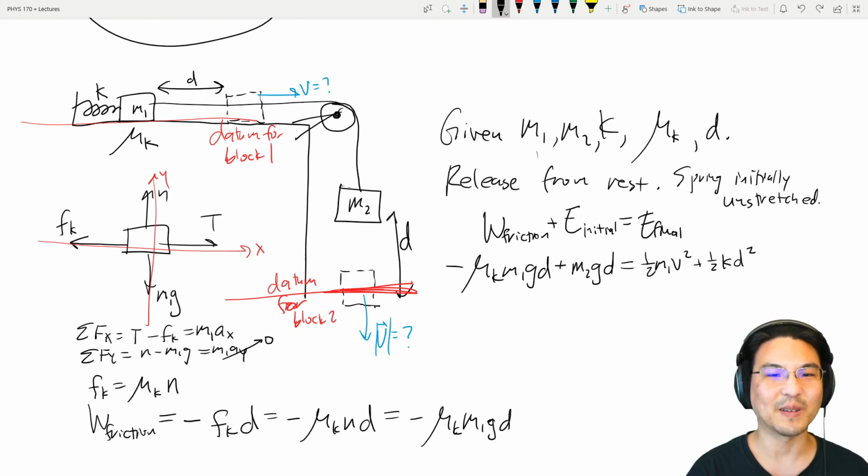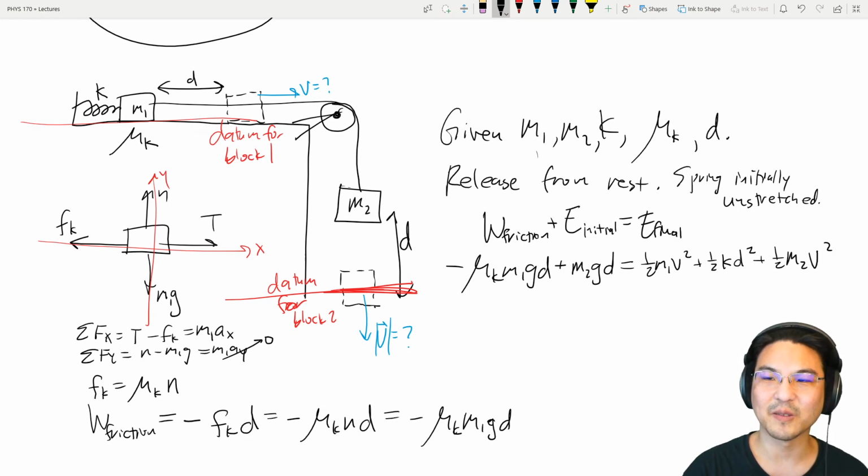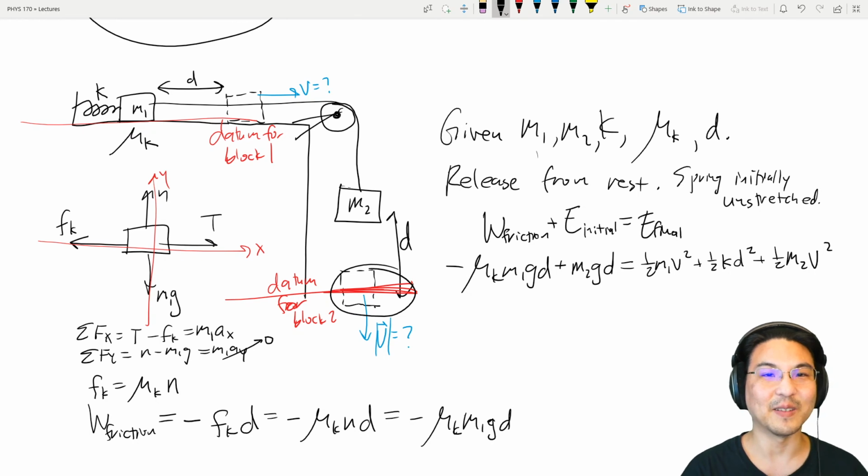Okay, let's go on to block 2. So block 2 was here at rest. Now it's here going this fast. So it has kinetic energy, 1/2 mv squared. And it was up here above the datum. Now it's here at the datum. So the gravitational potential energy is 0.